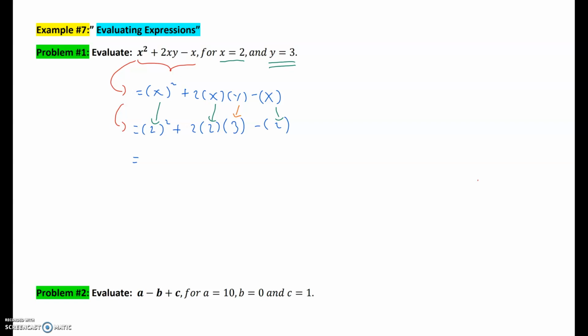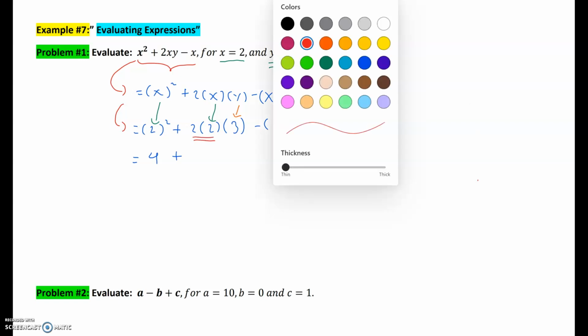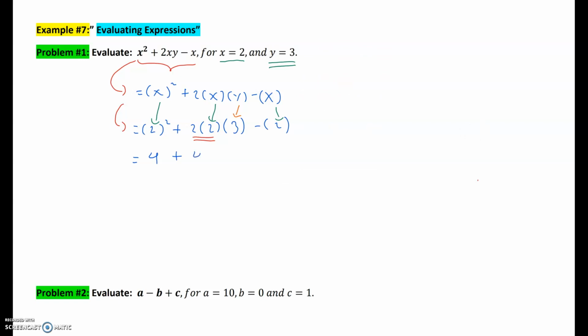And then we're trying to simplify it using order of operations as we did before. So in this case, 2 to the second is going to be 4 plus, and let me just do the steps one at a time. So in this case, 2 times 2 is equal to 4. So we have 4 times the values of 3 minus the values of 2.